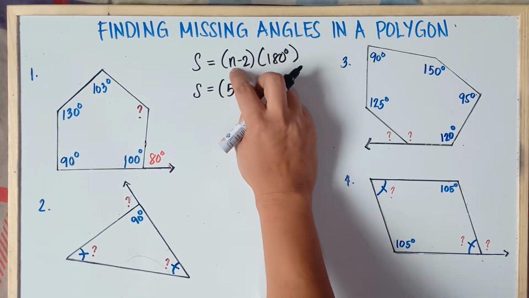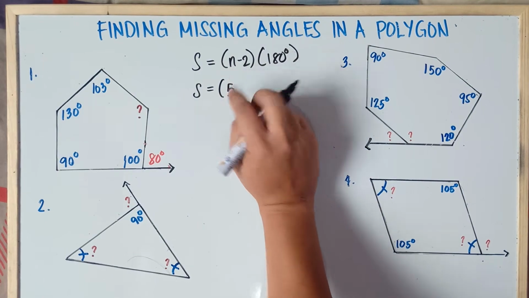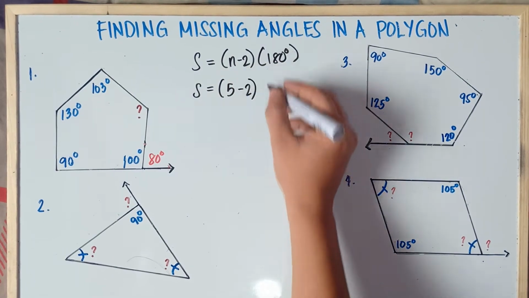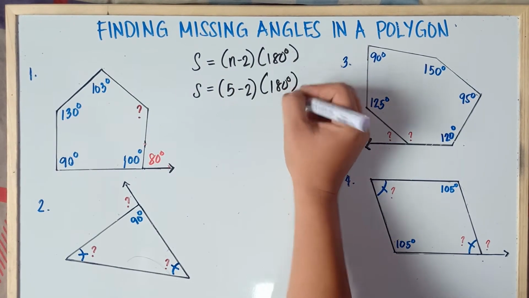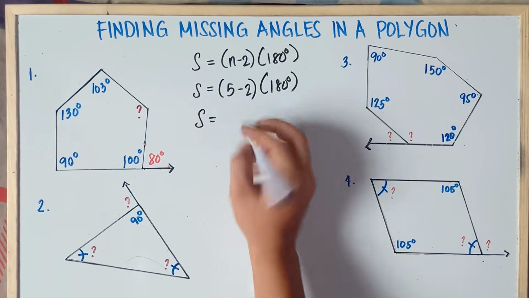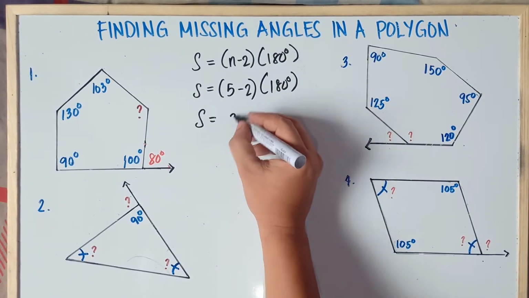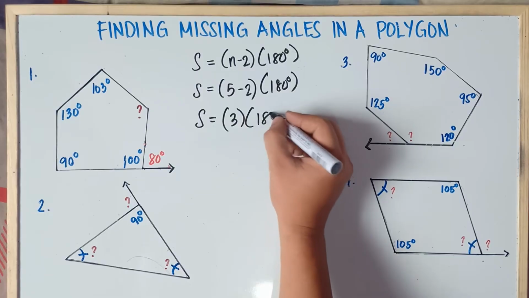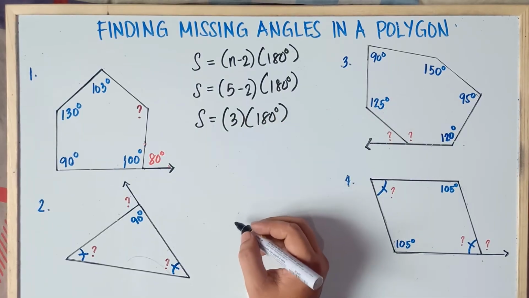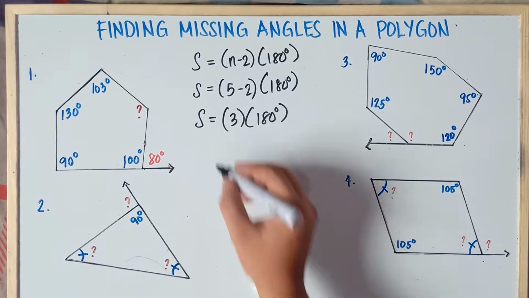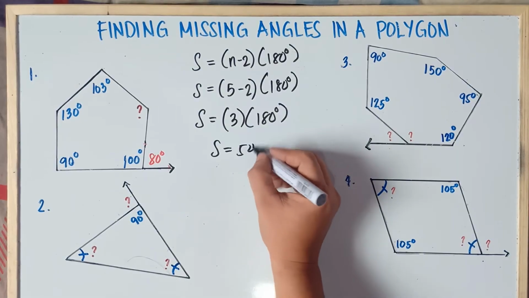So the sum equals 5 minus 2, that's 3, times 180 degrees. 3 times 180 degrees is 540 degrees.